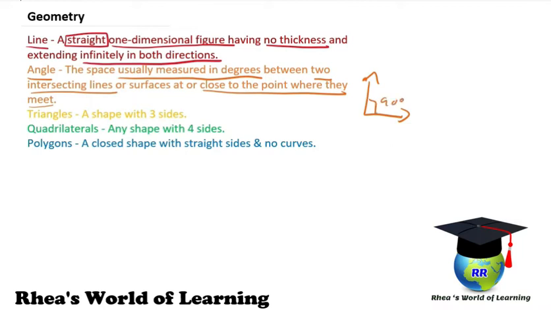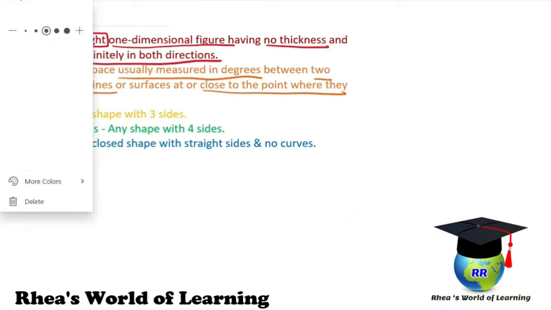If you want to know more about that, make sure to click the link in the description below. This is an acute angle. Again, if you want to know more, click the link. And this is an obtuse angle, about 110 degrees. Same thing, click the link if you want to know more. These are all angles.